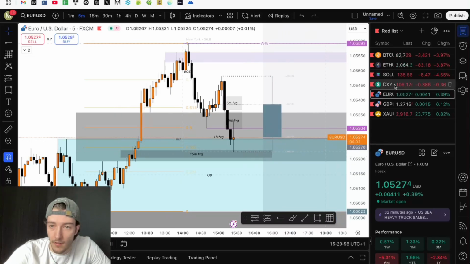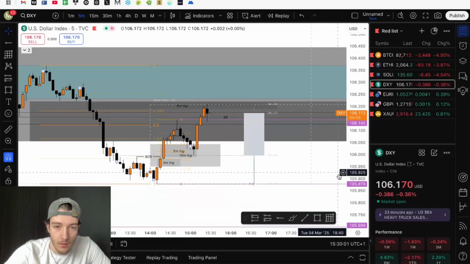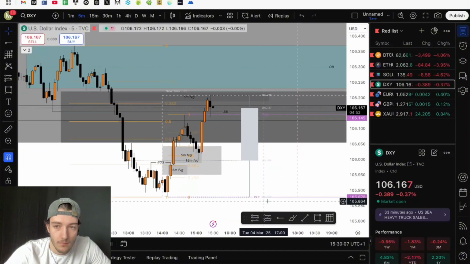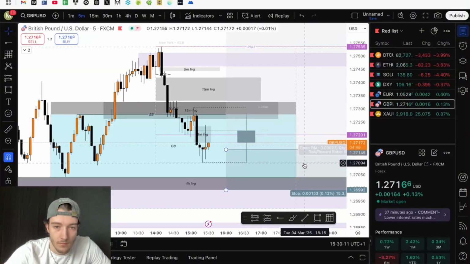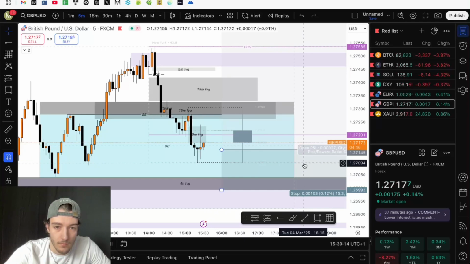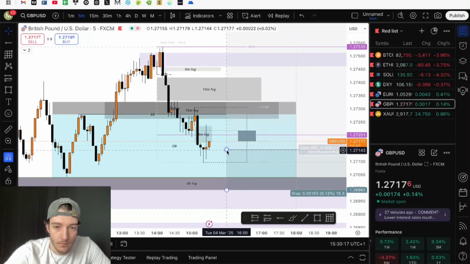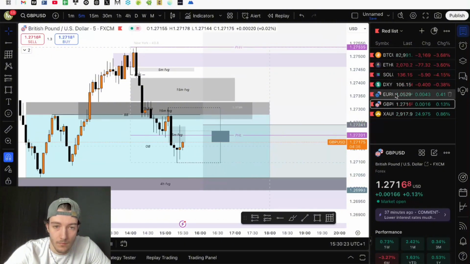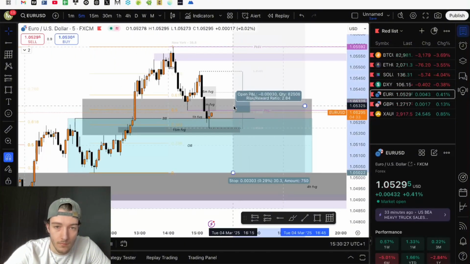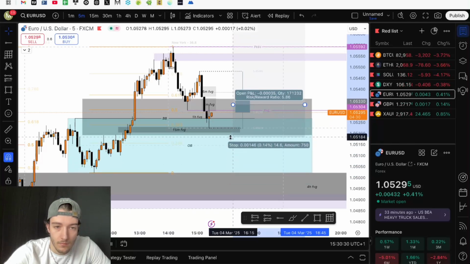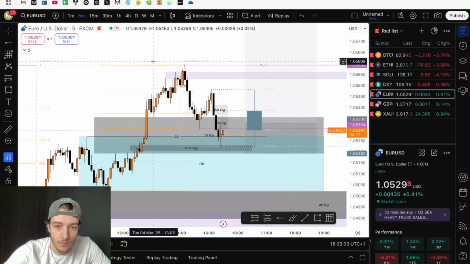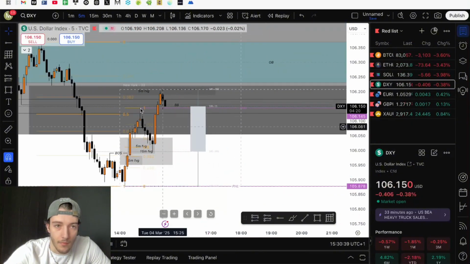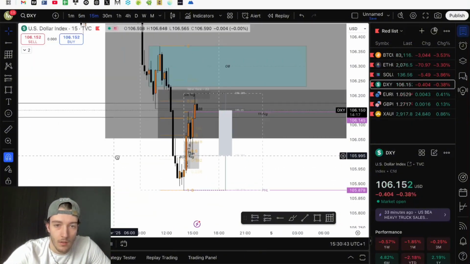Nice doji candle on the 5-minute. Okay. Let's see. Nice. All right.